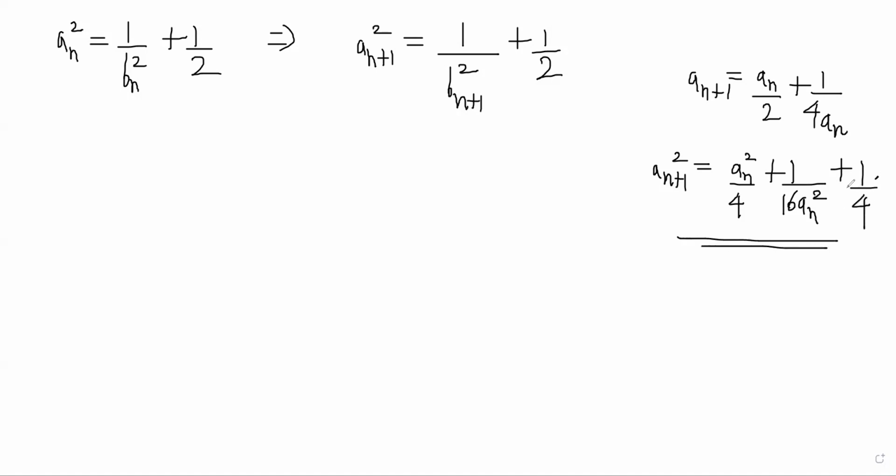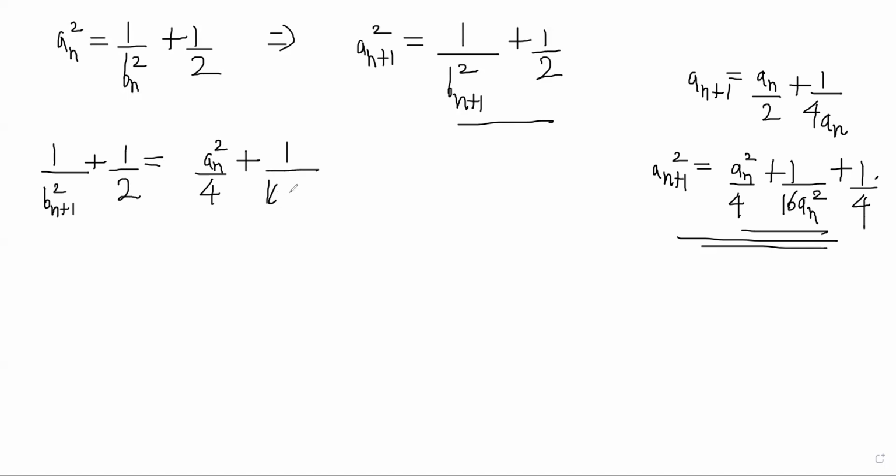This is what an plus 1 square comes from here. So therefore, this must be equal to this, right? So we can write 1 by bn plus 1 square plus half is equal to an square by 4 plus 1 by 16 an square plus 1 by 4, right?